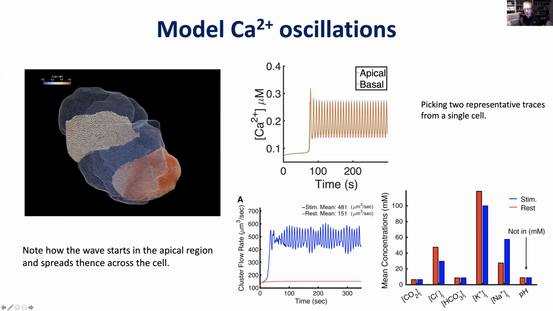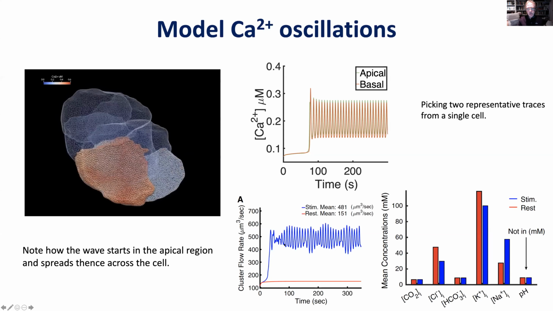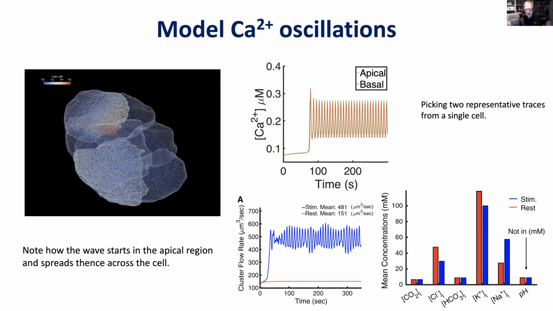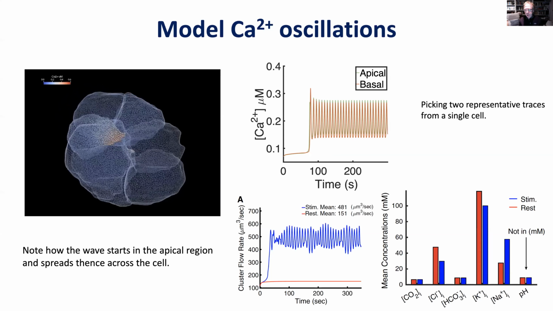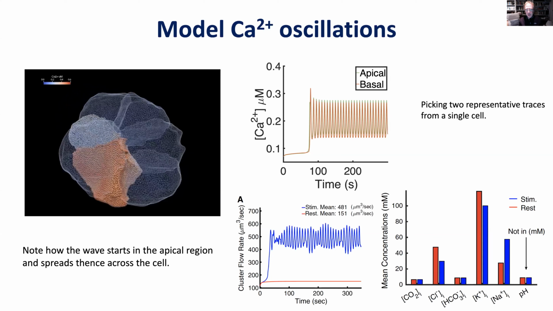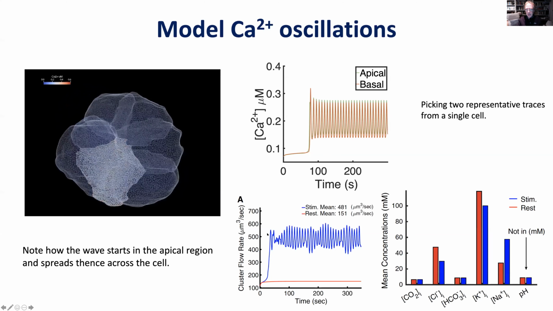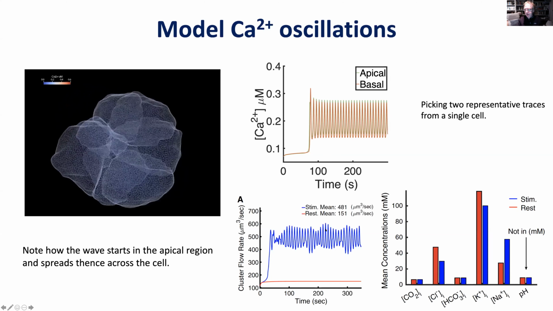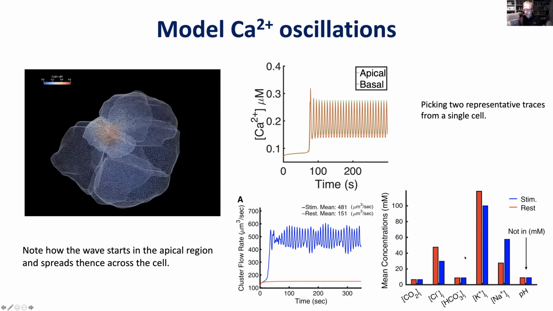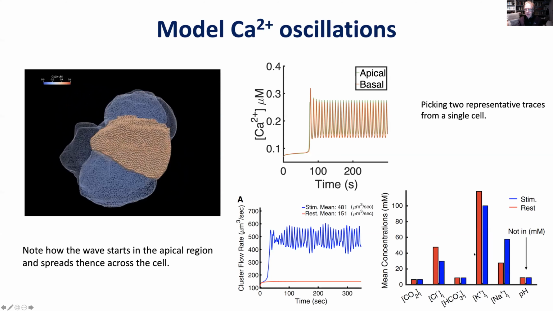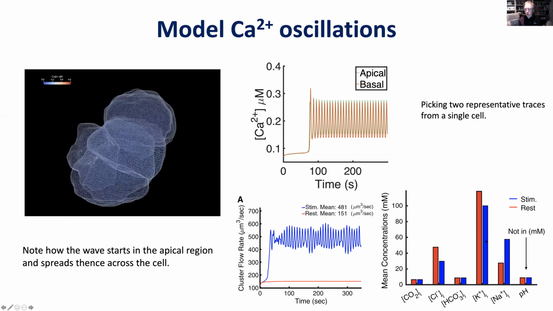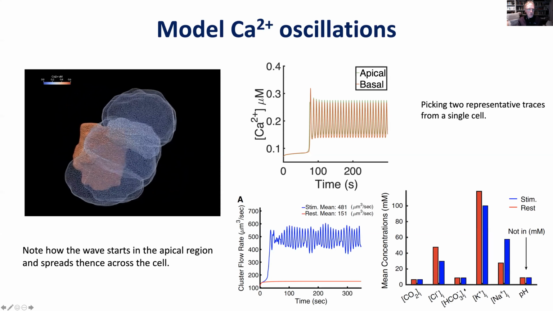That's only because you have 7 cells, each of which is oscillating at a slightly different frequency, and so you get this summation of the fluid coming out of each cell, giving you this mixed mode pattern here. And here are the concentrations in the cell and the lumen of carbon dioxide, chloride, bicarbonate, potassium, etc.